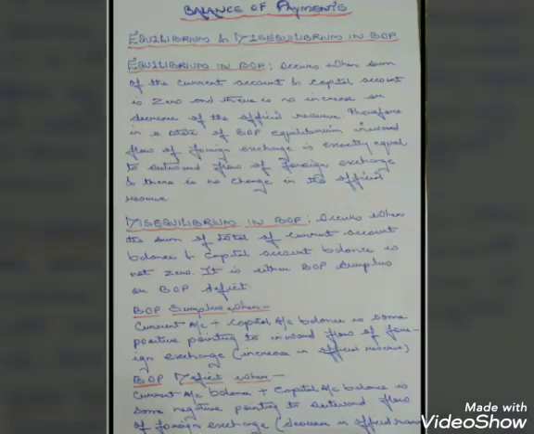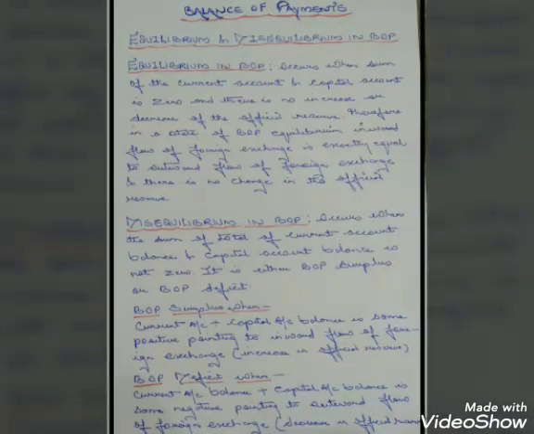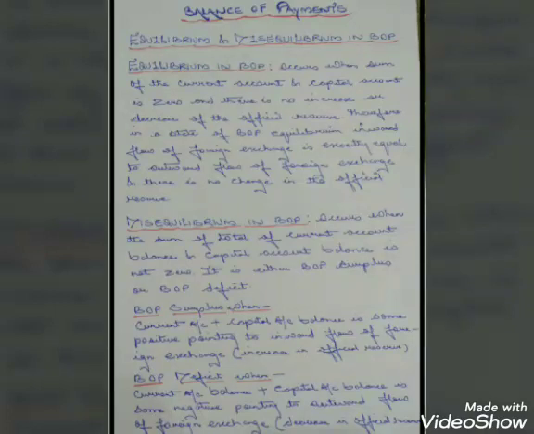Or else you can also say that balance of payment is in a state of equilibrium when a negative balance in the current account is equally counterbalanced by a positive balance in the capital account and there is no change in official reserve of the central bank.